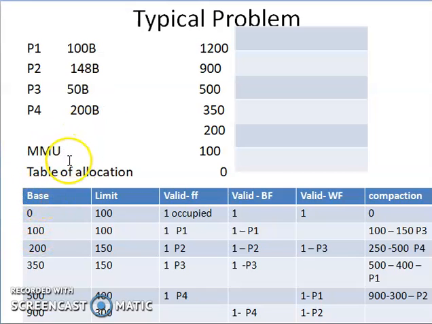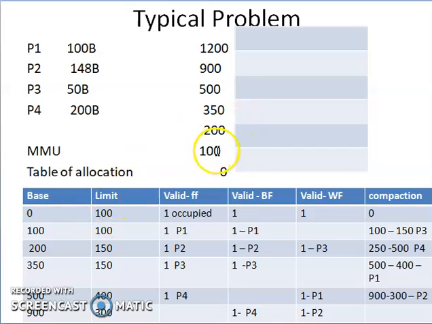Now, there is an MMU unit, and this is the memory that we have, which has already been divided into several blocks because of the previous allocations. Now the block 0 to 100: for this block, the first entry is made, 0 is the base, the last address of the block is 100, so 100 minus 0 is 100, which is the limit or size of the block.